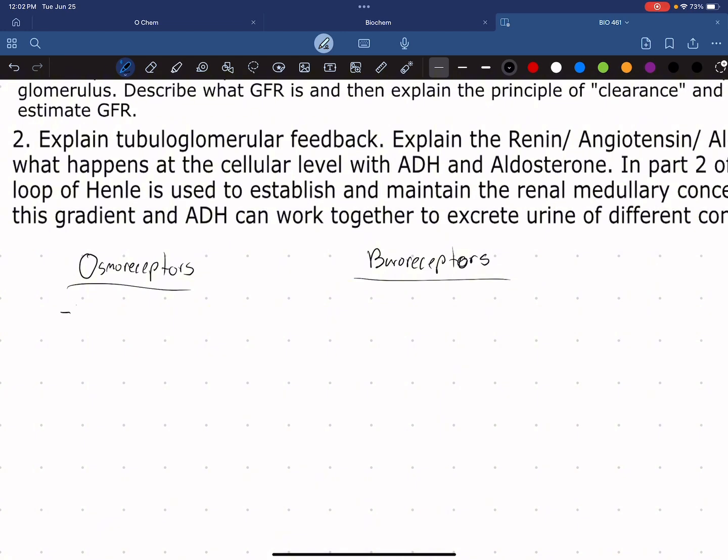So these osmoreceptors are located in the hypothalamus, and they regulate the blood ion concentration. So if there's a higher ion concentration in the blood, or there's a sense of dehydration, these osmoreceptors will release water to bring back to equilibrium.